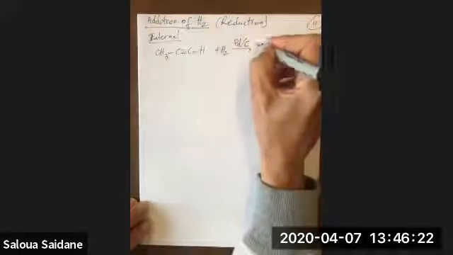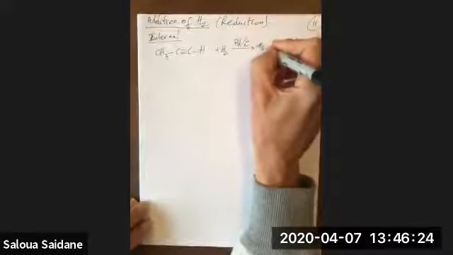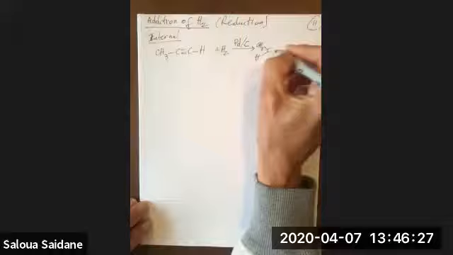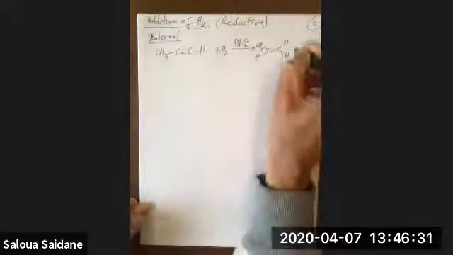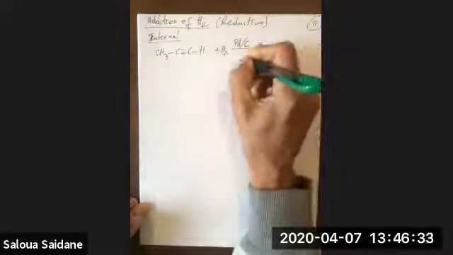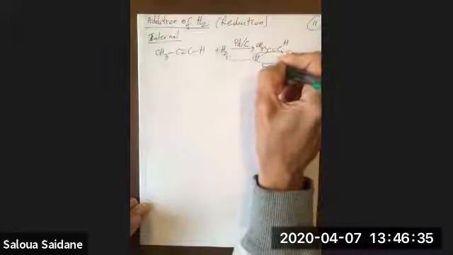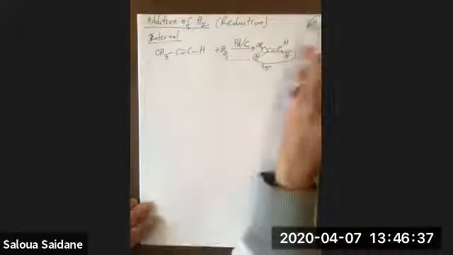So the first step, you're going to end up with an alkene. So these two are the H2. So it's a syn addition. But then it keeps on going.